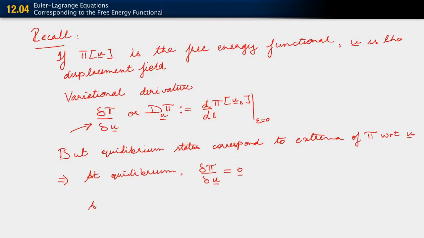Okay, so we will now go ahead and apply this idea to pi of u for nonlinear elasticity. Right, let's get on with it then.